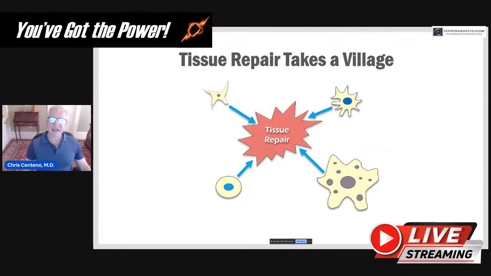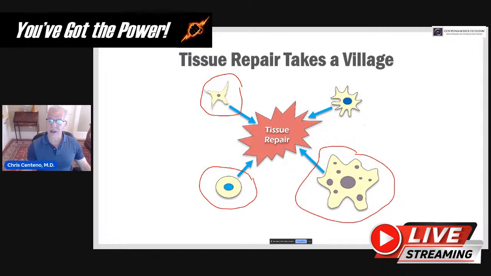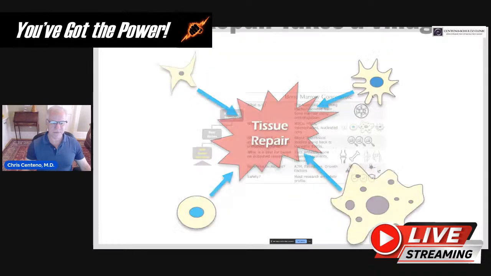So as you can see here, tissue repair takes a village, meaning it takes all of these cells working in concert to get to tissue repair. And this is something that we've learned more and more about as time goes on, that you need mesenchymal stem cells. Depending on the job, you might need hematopoietic stem cells. You definitely need macrophages to clean up all the junk and then start the process of repair. And you need these mononuclear cells as well.